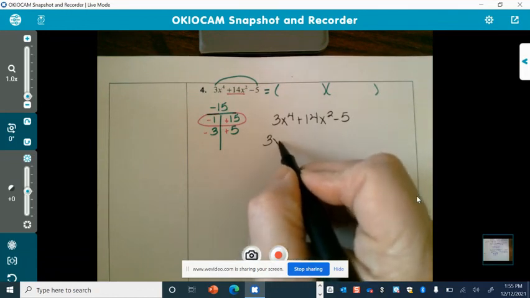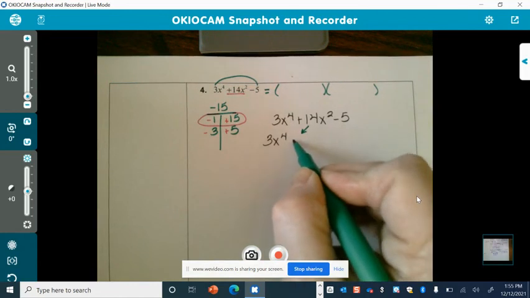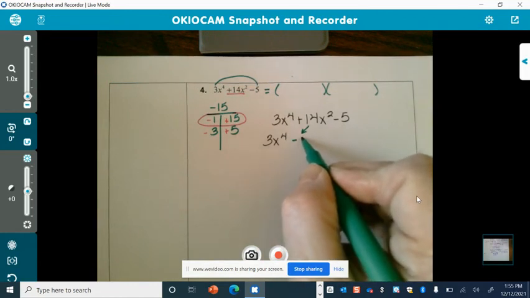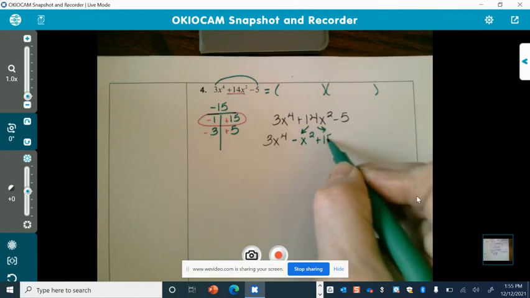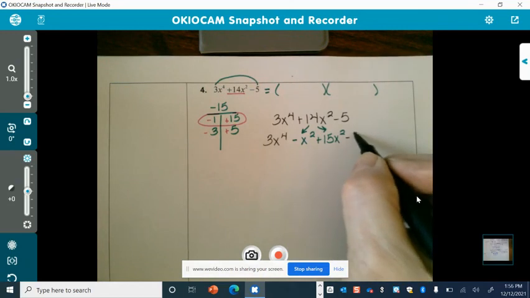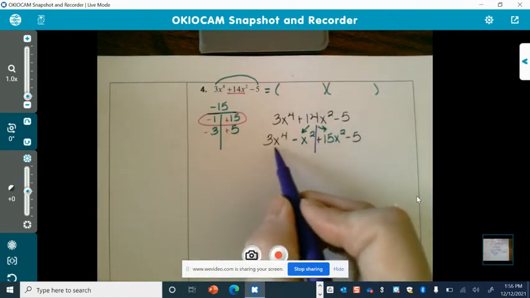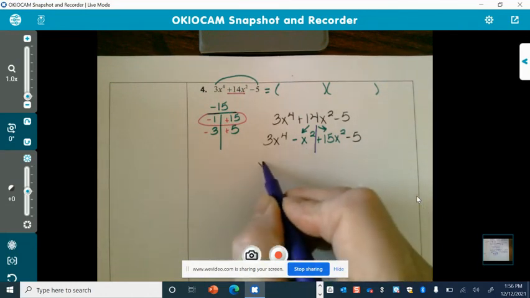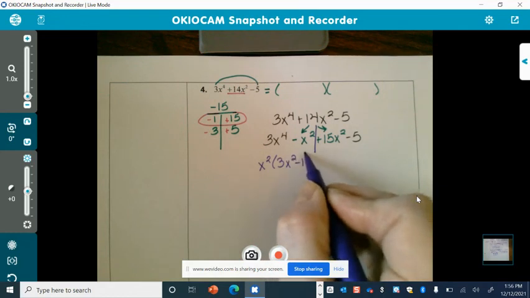I'm going to keep my 3x to the 4th. But 14x squared is going to become negative x squared and positive 15x squared. Keep that minus 5. Cut this in half. Greatest common factor on the left is x squared, leaving me with 3x squared minus 1.